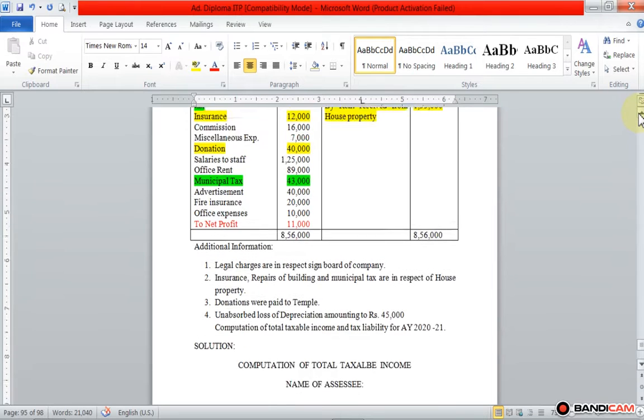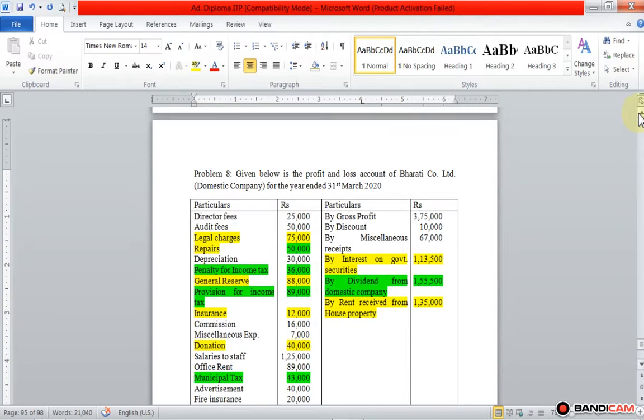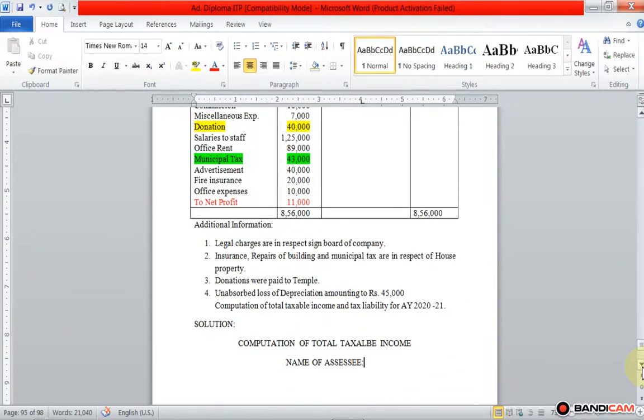So the name of the assessee is given, that is Bharti Company Limited, a domestic company.